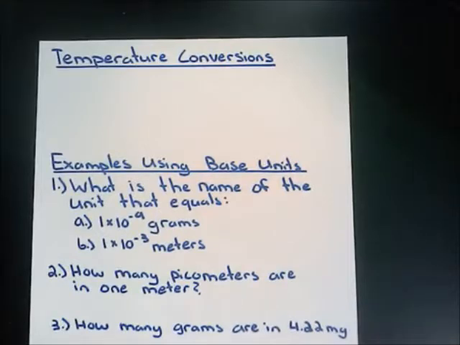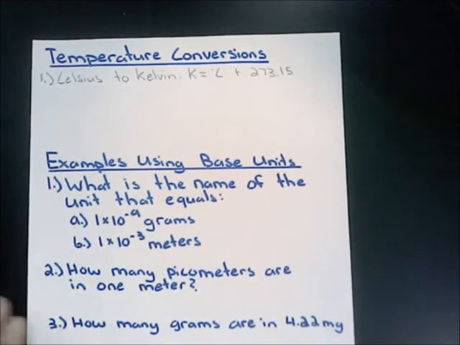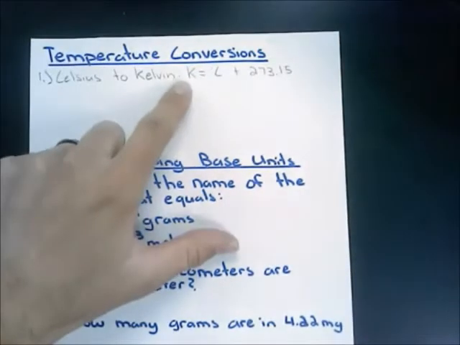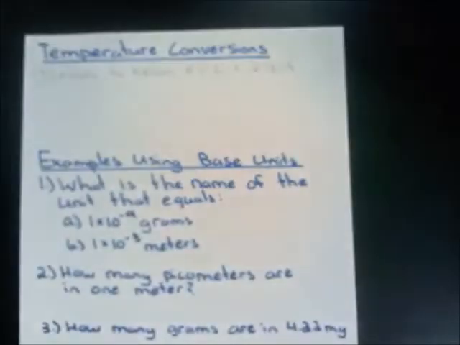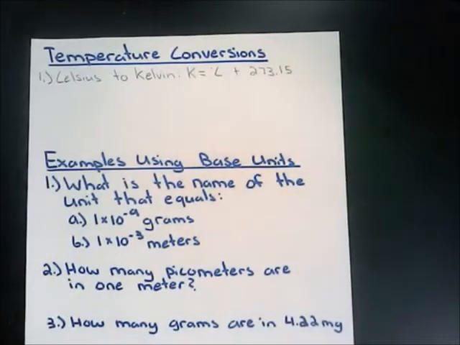The formula for that is K for Kelvin equals degrees Celsius plus 273.15. I want you to notice here that Kelvin is a capital K, and it does not have a degree sign. That's really important to note as we go forward. Now the next conversion is from Kelvin to Celsius. The formula for that is degrees Celsius equals K for Kelvin minus 273.15.